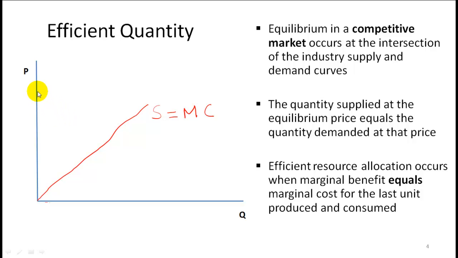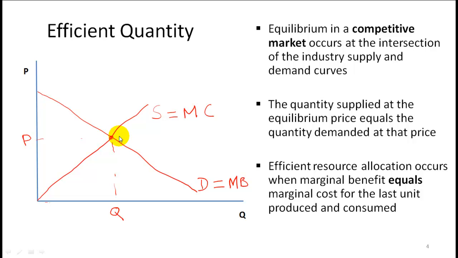And let's say that this is your demand curve, which is the same as marginal benefit. So the benefit of consuming one additional item. All right, now the efficient quantity is the quantity right here. So this quantity is your efficient quantity, and the price over here is the price that is determined in the market. So efficiency is where the marginal benefit and the marginal cost intersect.